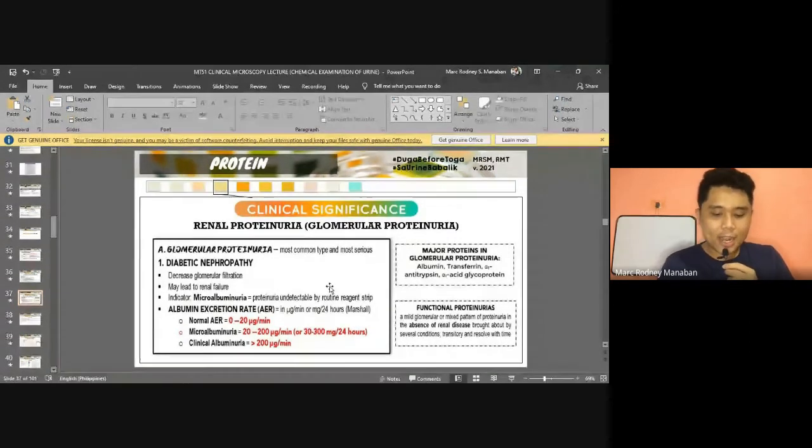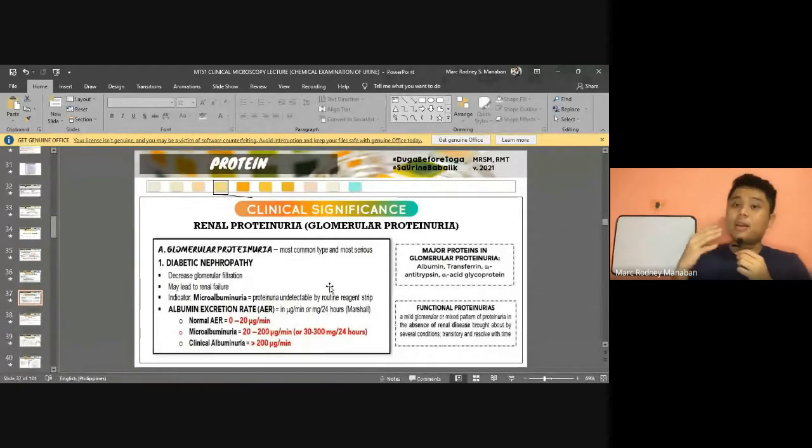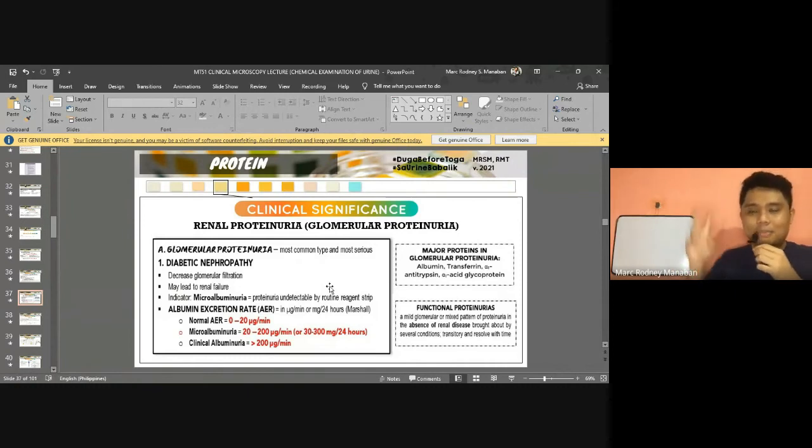All right, okay. Now, in the past, there were no tests for microalbuminuria. In order to determine the level of albumin excreted by the patient, especially patients with diabetes, they measured what we call the albumin excretion rate, your AER.